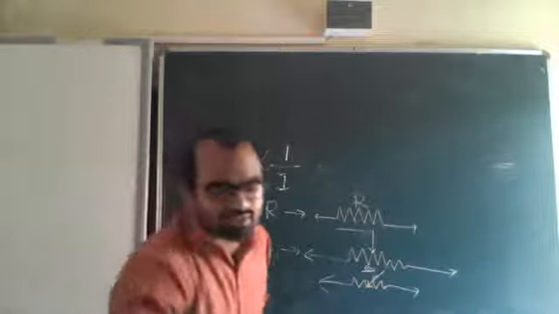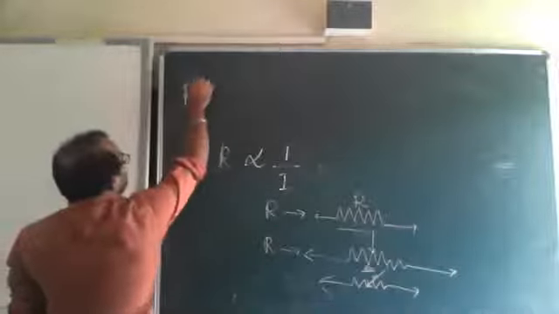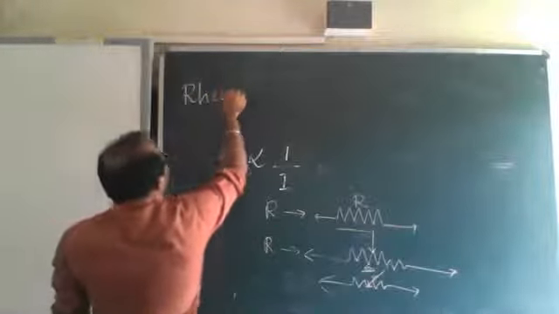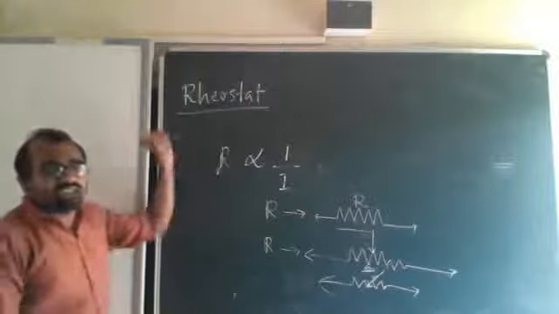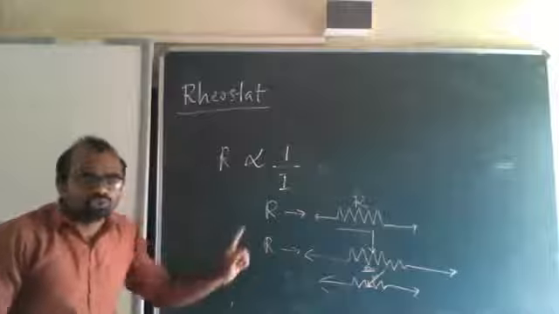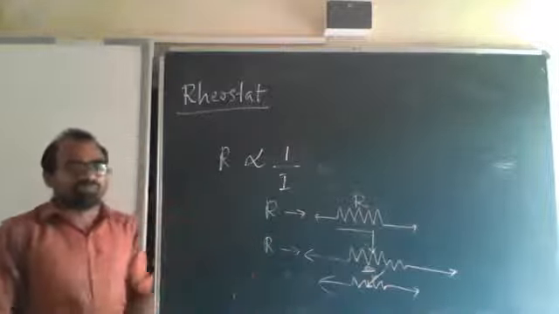This question will be asked in most exams. Which is the instrument used to change the resistance? You have to remember this. Rheostat. Rheostat is the instrument used to vary the resistance in the circuit.